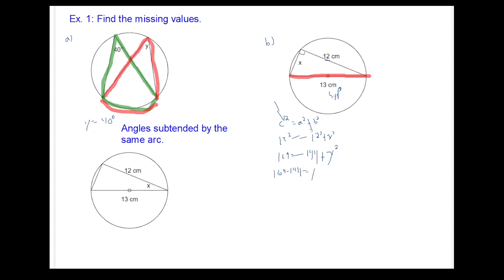That's equal to x squared. x squared is equal to 25, which means that x is equal to 5. Square root of 25 is 5.